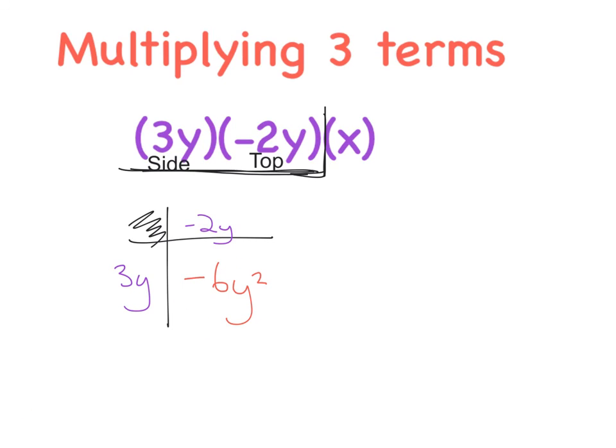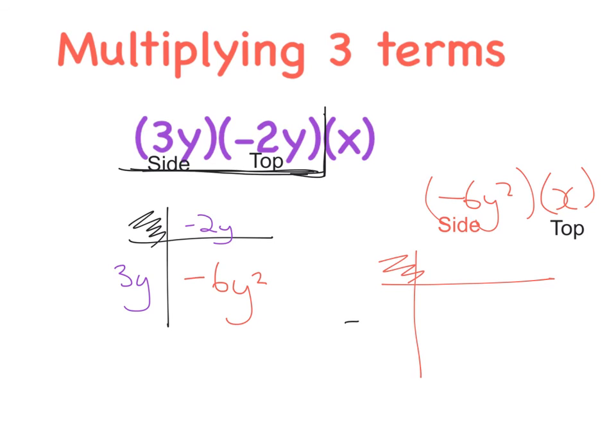I'm now going to multiply minus 6y squared by the last remaining term, which is x. So what we did was we multiplied these 2 out, and now we're going to use our answer and multiply it by this. So again, side and top. Minus 6y squared here, and x.